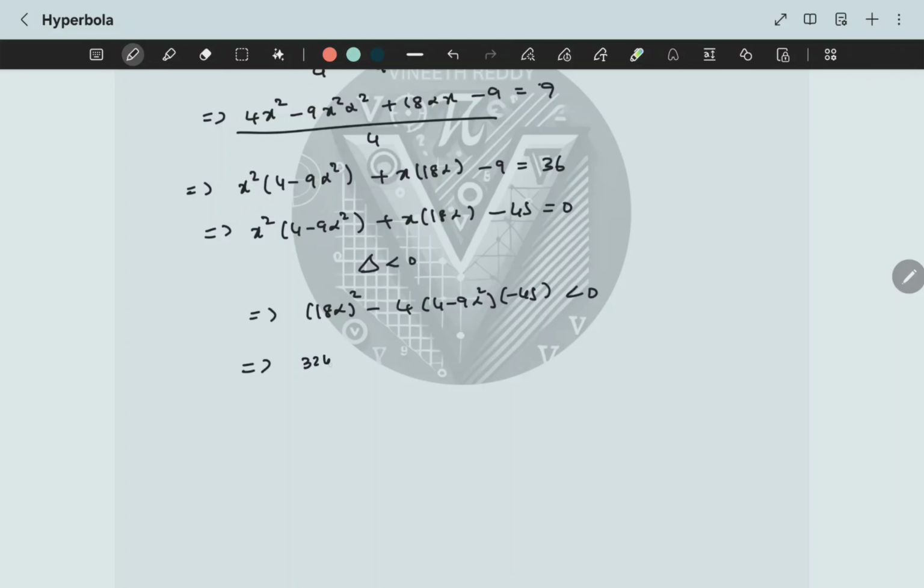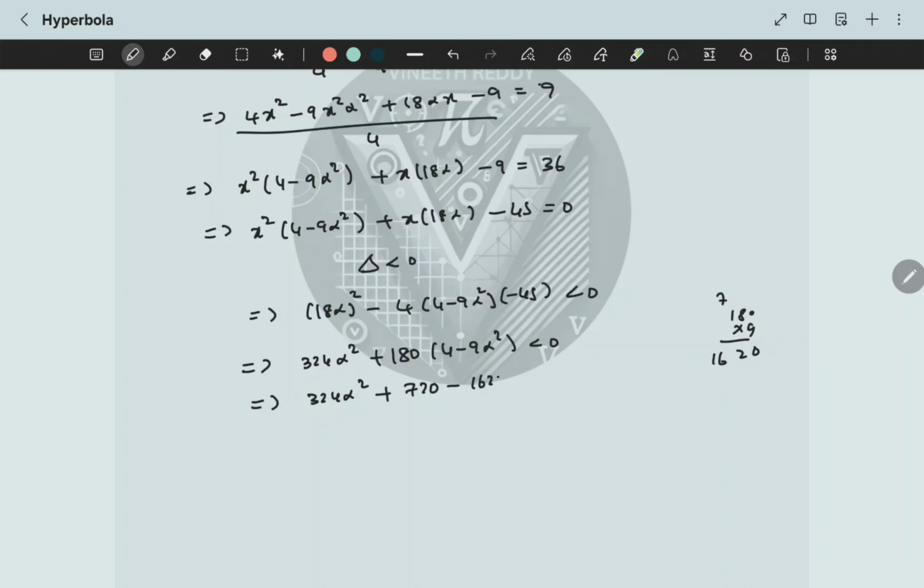So 18 square should be 324 alpha square. 4 into 45, it should be 90 into 2. It should be plus 180 into 4 minus 9 alpha square. This should be less than 0. So 324 alpha square plus 180 into 4, 180 into 2 is 360, into 2 is 720, minus 9 into 9 is 81 into 2, it should be 1620, I believe.